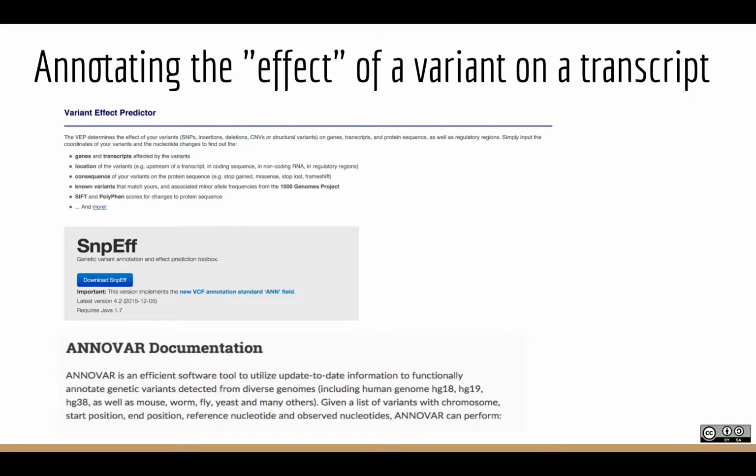So the first class of tools that we end up using are effect predictor tools. They take a VCF file, this naked VCF file, which is all the positions in the genome where the mom, dad, and kid are different than the reference genome. And they take transcript information.